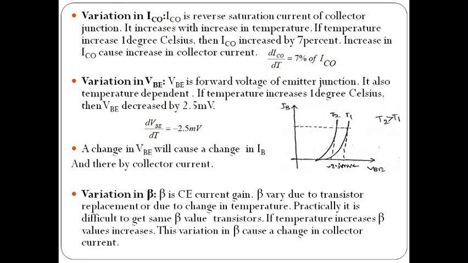Practically, it is difficult to get the same beta value in different transistors. It also varies with temperature. When temperature increases, the beta value also increases. The variation in beta again causes a change in the collector current. We already know how it depends on the beta value.